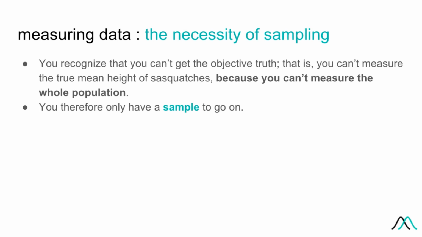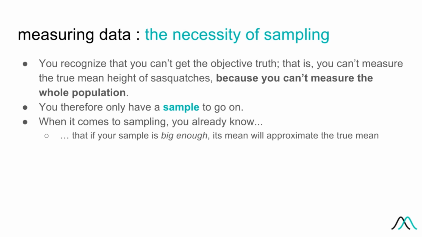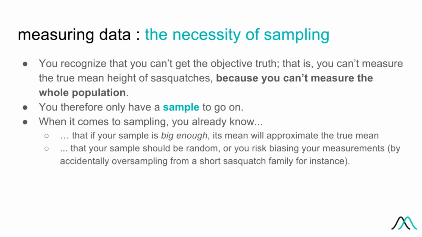So focusing on how accurately the sample mean can mirror the population mean, we already know a couple of things intuitively. First, that if your sample is big enough, its mean will be pretty close to the true mean. That when it comes to trying to estimate something, more data is better than less. Second, we already know that a sample should be random.